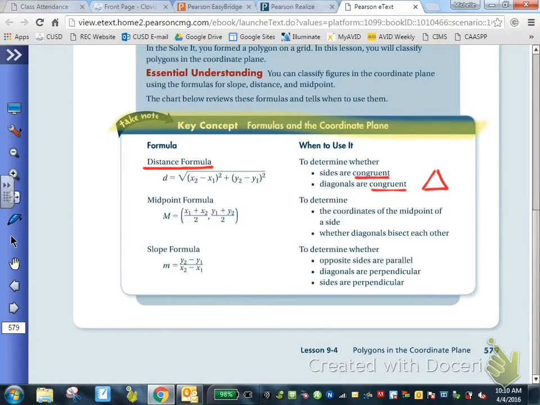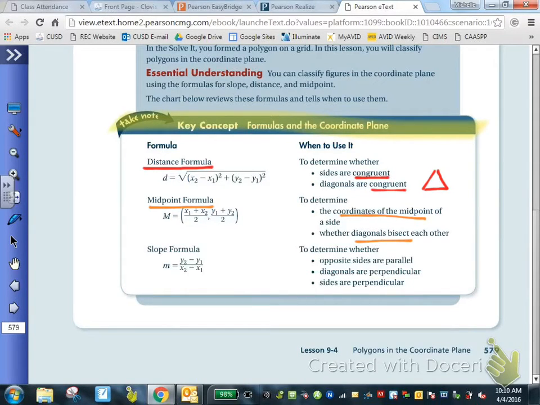We're also going to use the midpoint formula. Malika, when does the midpoint formula come in handy? To determine the coordinates of the midpoint, and the midpoint cuts it in half, and what do we call it when we cut something in half? Bisect it. So to determine if two diagonals bisect each other.